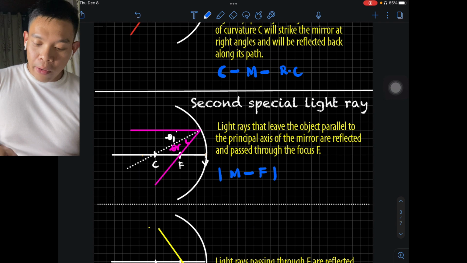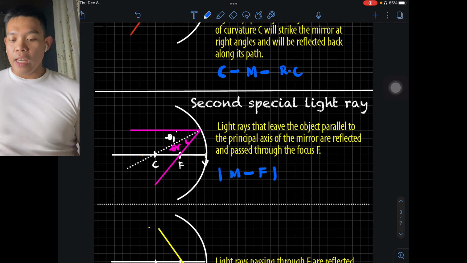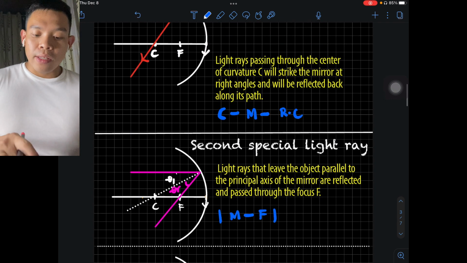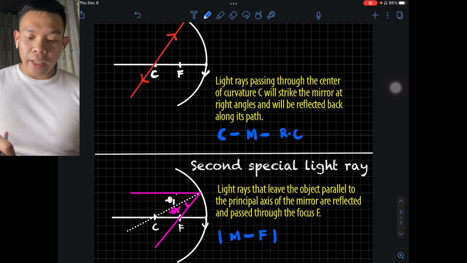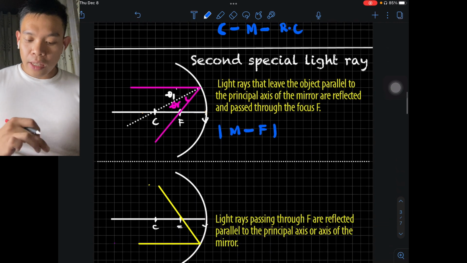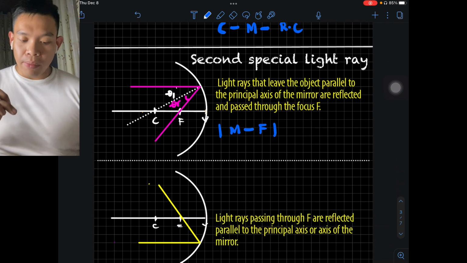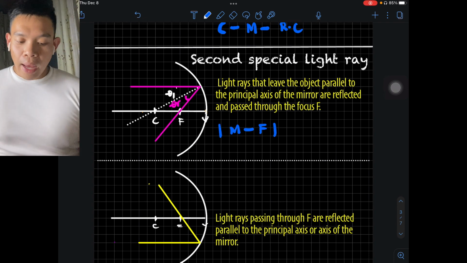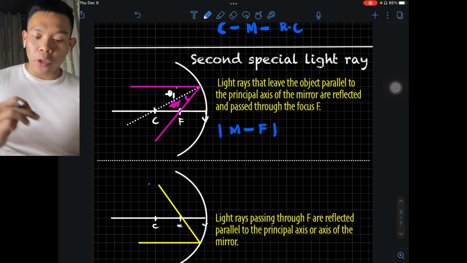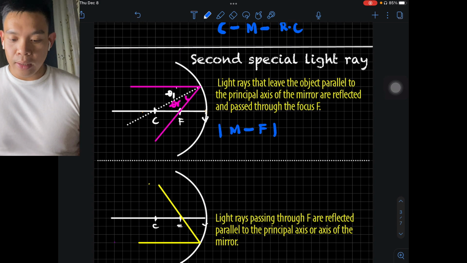This is our major rule: center of curvature first, then it goes back to the mirror and is reflected back. On the second special light ray, it hits the mirror from the object, and the mirror will reflect it to pass through the focal point.